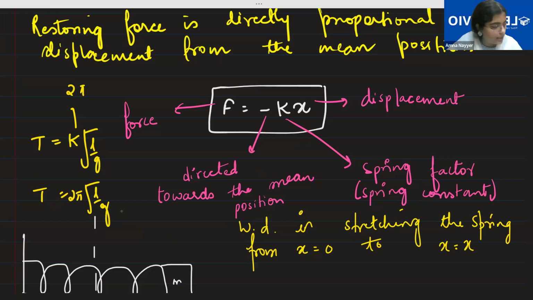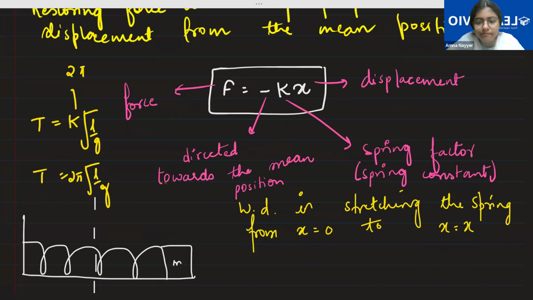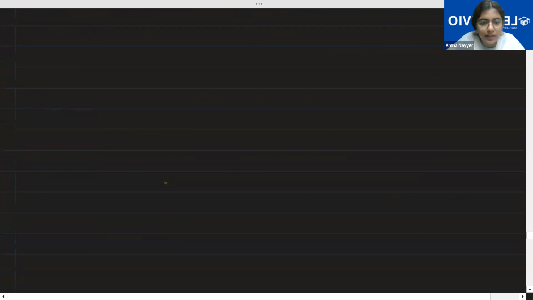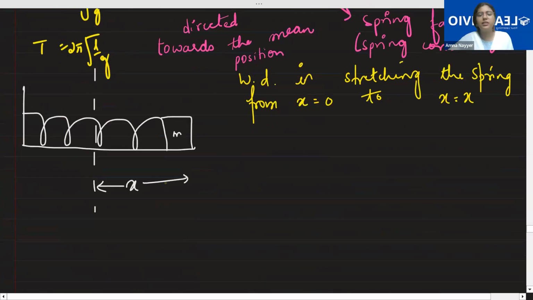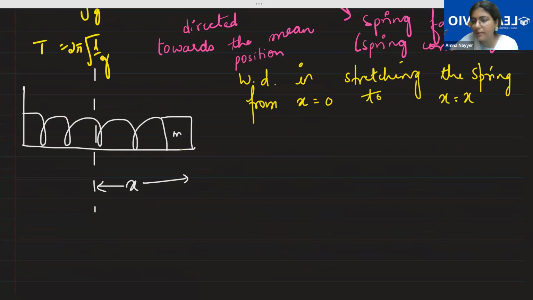Let us just complete the derivation. It's a small derivation. The mass is there, the spring is there, and the block has been stretched up to a distance x. Now the work done in stretching the spring from 0 to x.